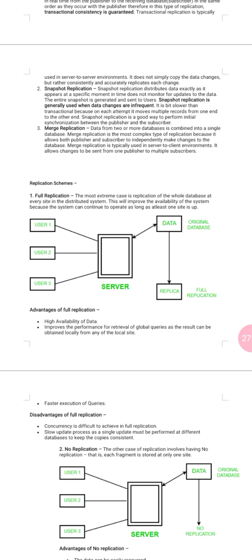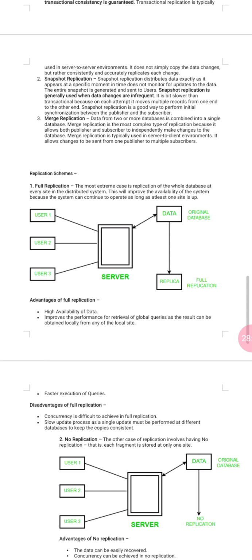It is a bit slower than transactional because on each attempt it moves multiple records from one end to the other end. Snapshot replication is a good way to perform initial synchronization between the publisher and subscriber, right?